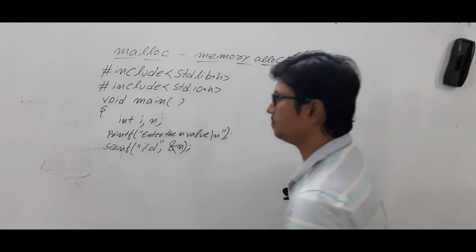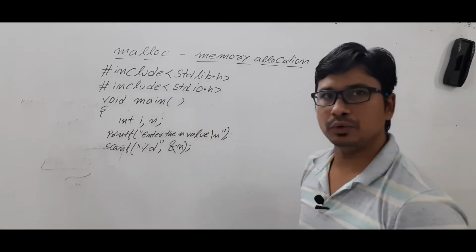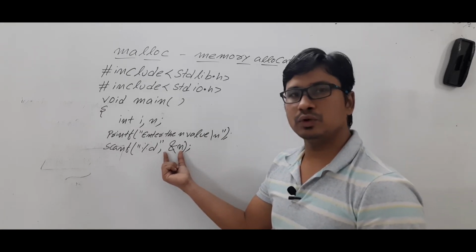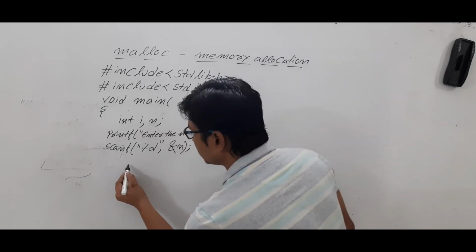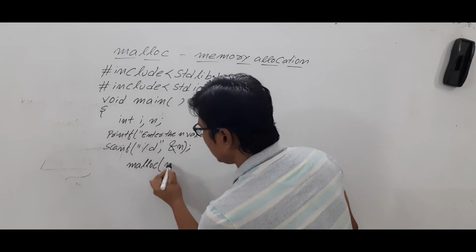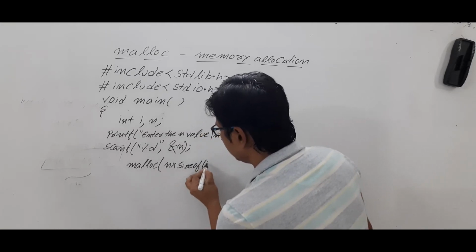Then I want to allocate memory to store n integers. So I need to use malloc of n into sizeof int.